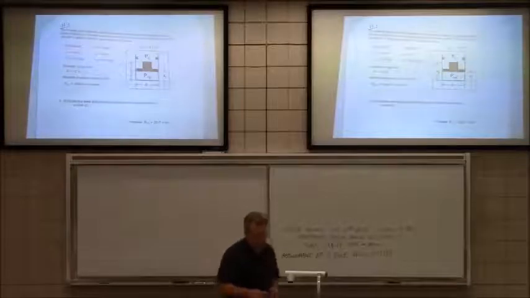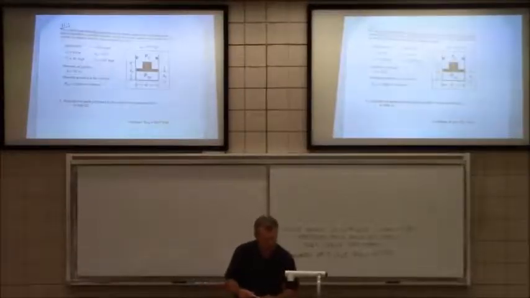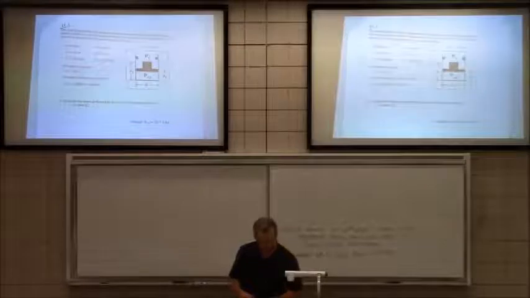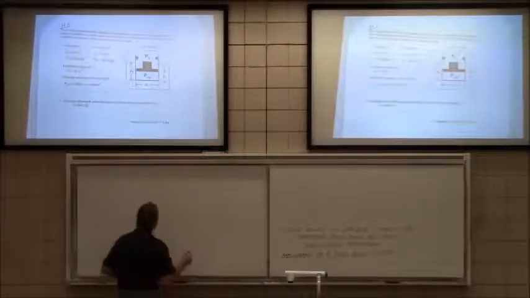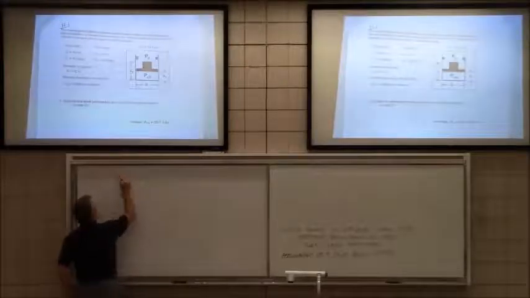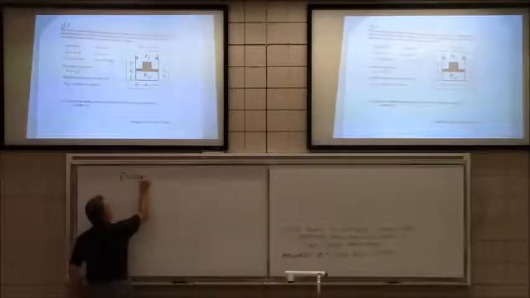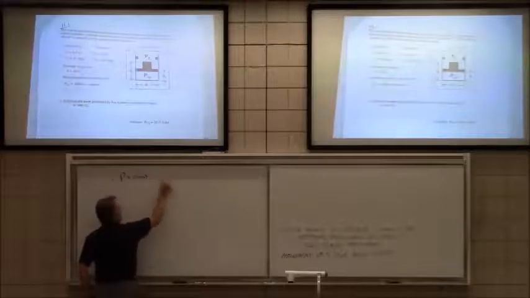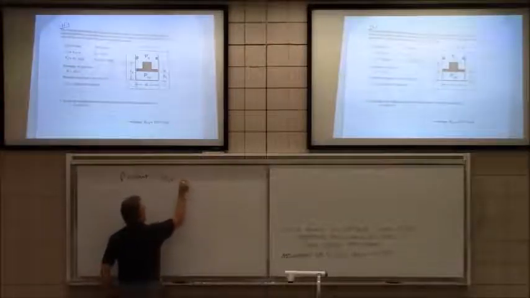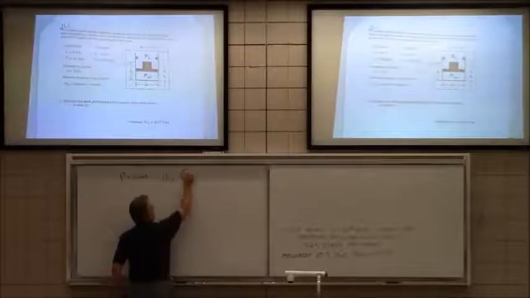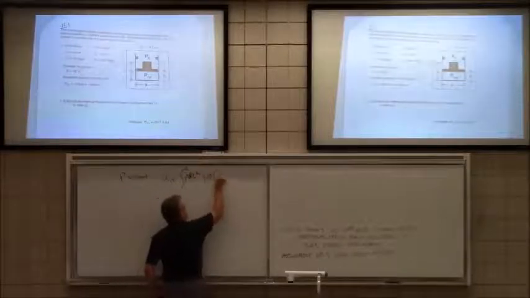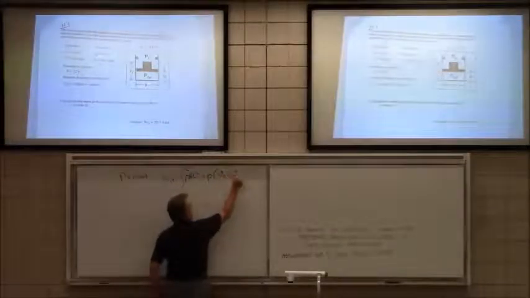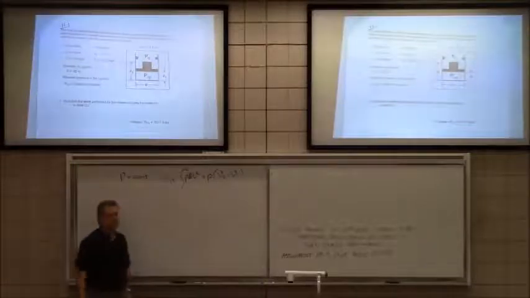We want to calculate the work performed in going from state 1 to state 2. So for a constant pressure system, the work from 1 to 2, which is normally an integral of PdV, becomes P times the final volume minus the initial volume.